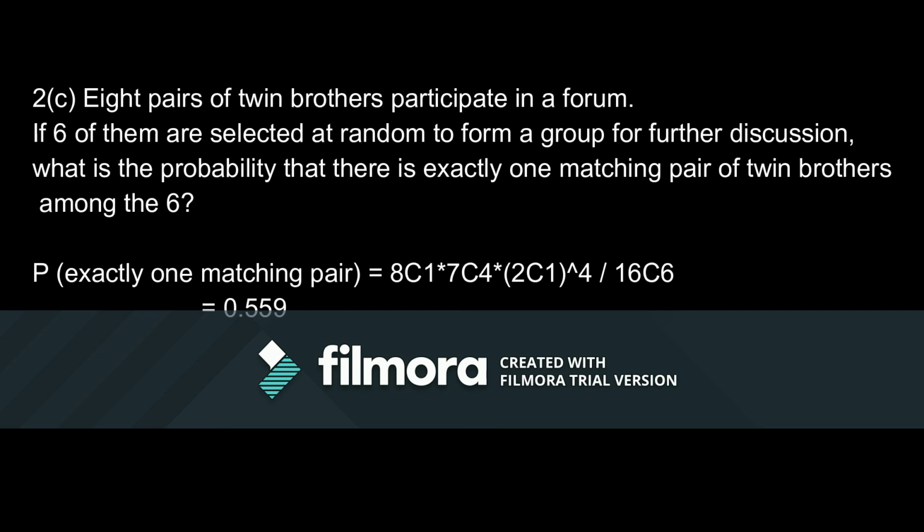We can find this probability by using 2C1 to the power 4 times 8C1 times 7C4, then divided by 16C6. Then we can find the answer. The required probability is 0.559.